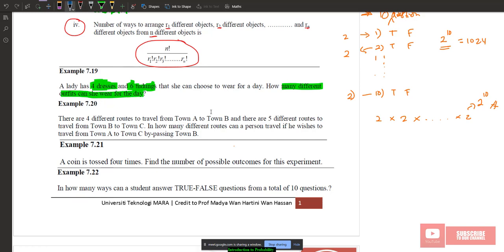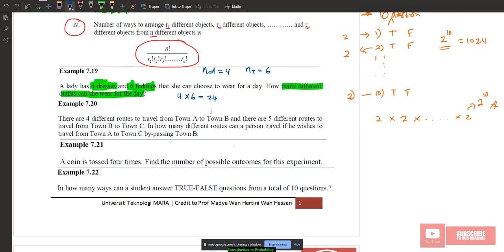She has 4 dresses and 6 tudungs, and these are all different. So you can find the number of outfits using the first formula, which is 4 multiplied by 6, equal to 24.